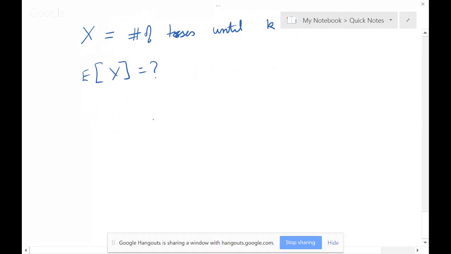What does it mean for x to be equal to, well, x cannot be 1, x will have to be 2 or more.